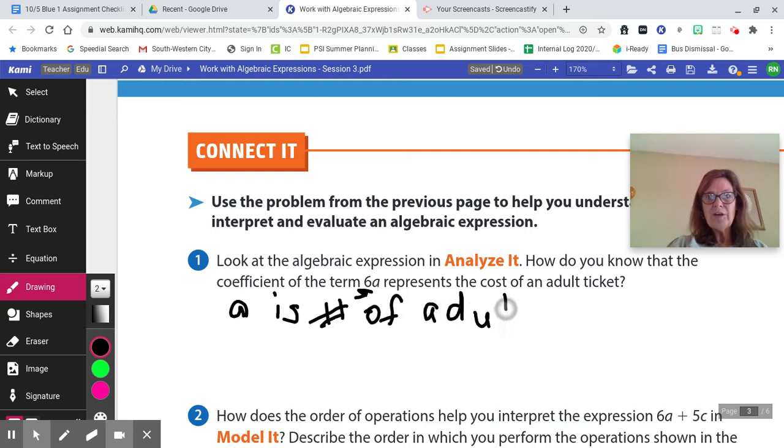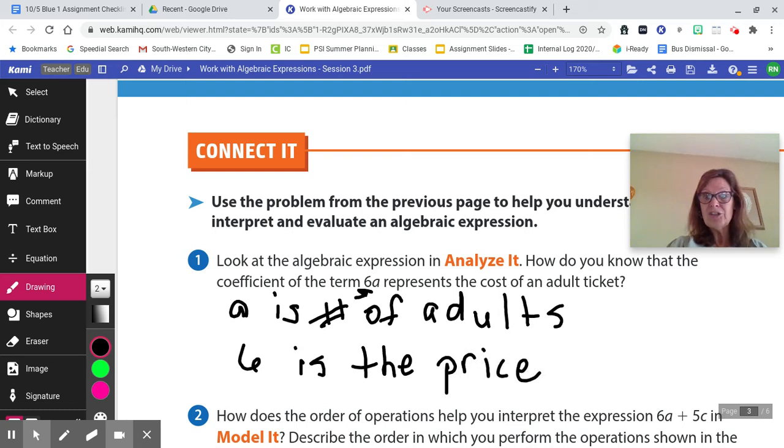So therefore, 6 is the price, because the 6 isn't going to change. The price isn't going to change. The only thing that's going to change is the number of adults. So make sure you have written that down.